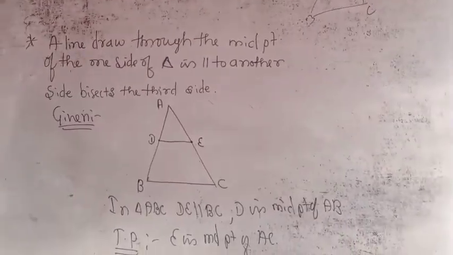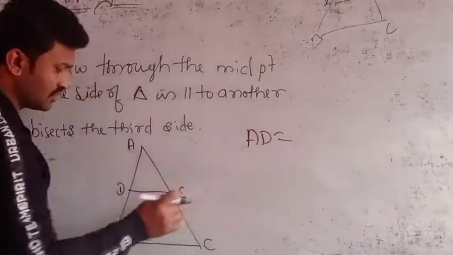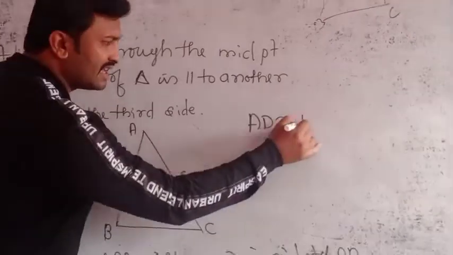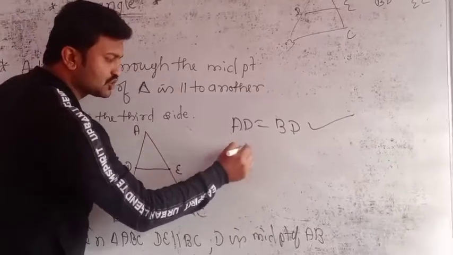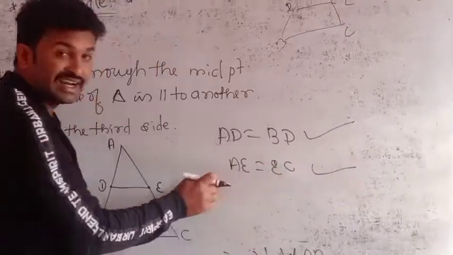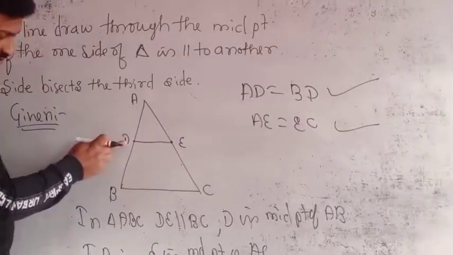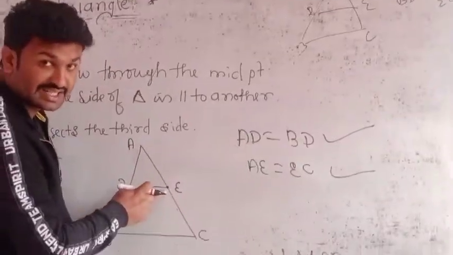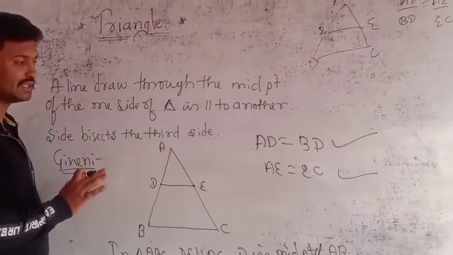In other words, if D is a midpoint, we can write AD equals BD. This is given. We need to prove AE equals EC. This bisects and again bisects the third side. When it bisects here, these two become equal, prove that.